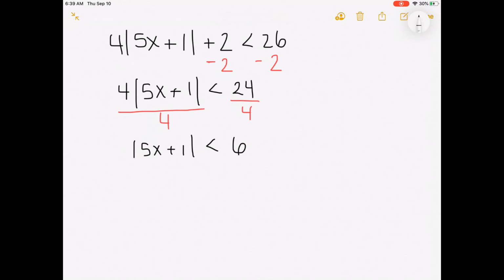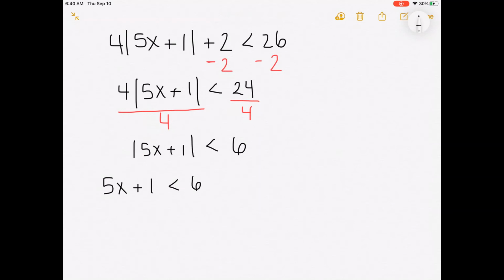So now we've reached an important point. We just have our absolute value strictly less than 6, so I can consider the 2 possibilities. I can split up this inequality to find my solution. So one possibility is that 5x plus 1 is strictly less than 6. That's possible.